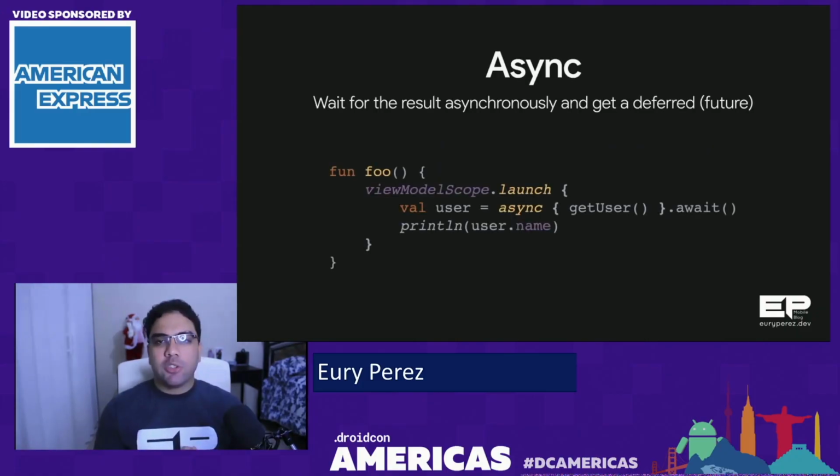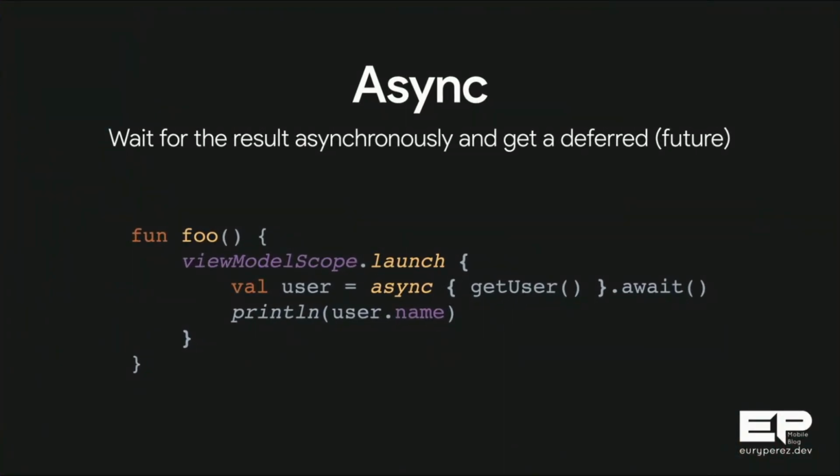We also have another coroutine builder, the async coroutine builder. If we are interested in waiting for the result, the response of the task that we are performing inside of that coroutine, we use async. For example, in this case, we are launching a new coroutine, and inside of it we are launching another child coroutine with the async coroutine builder that is calling getUser.